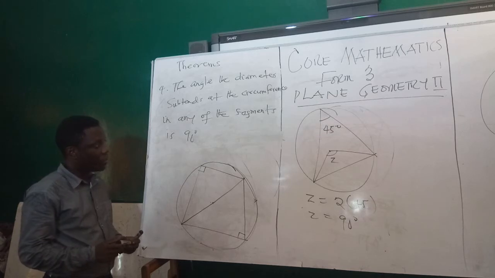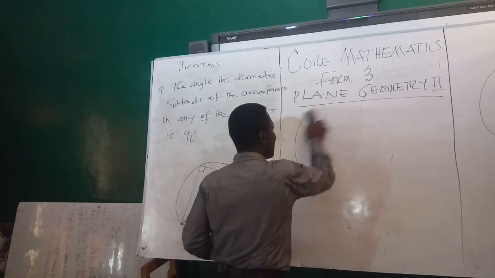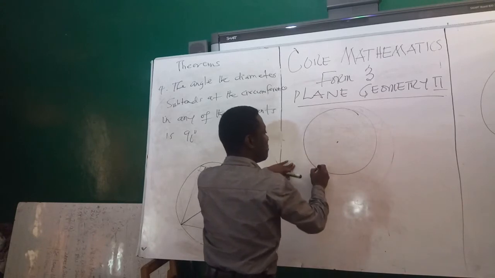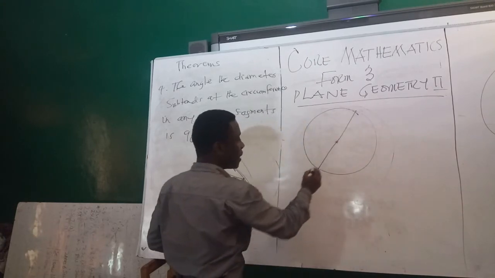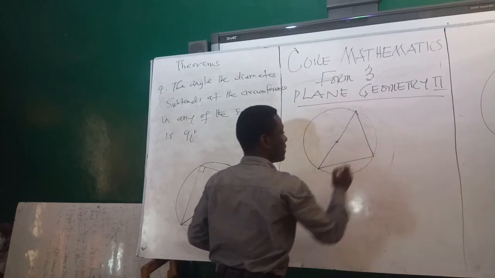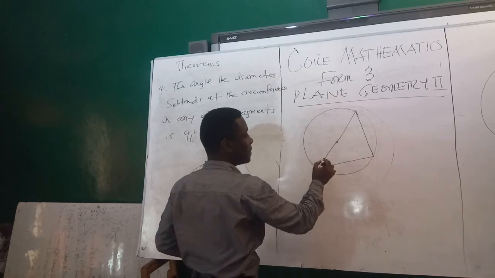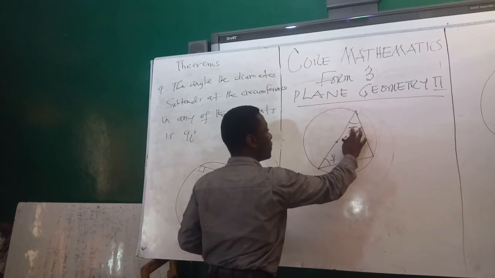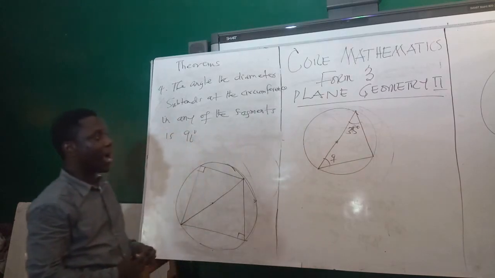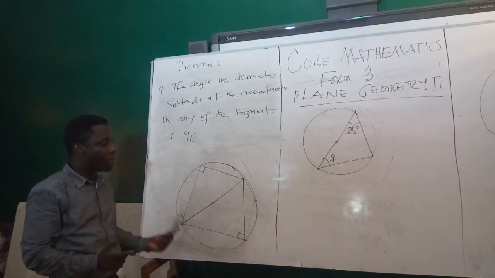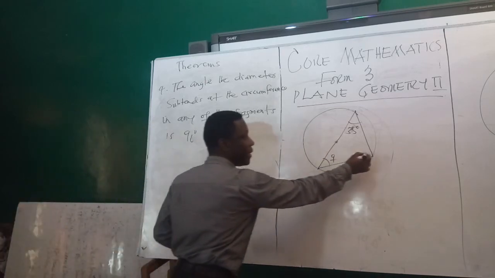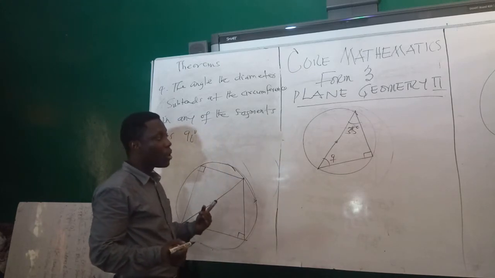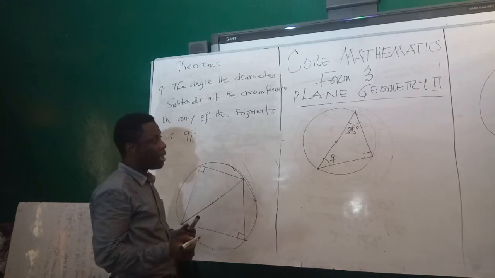Now let me quickly pick an example then, so that if I had a circle and I had a diameter and I had an angle here, for example, and I was told that this angle is, say, Q, and that this angle was, say, 35, and I needed to find the angle Q. Now the principle from what we have learned here is that the angle here is supposed to be 90 because it is formed by the ends of the diameter, and here we'll have to borrow another property which we are supposed to know from plane geometry 1.